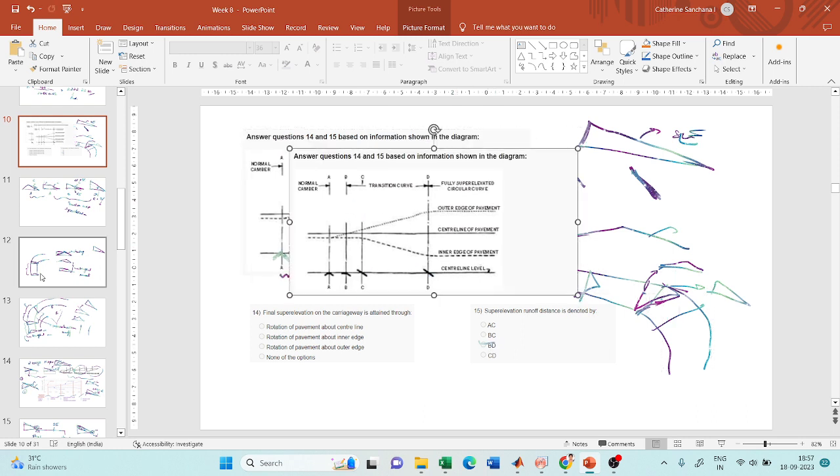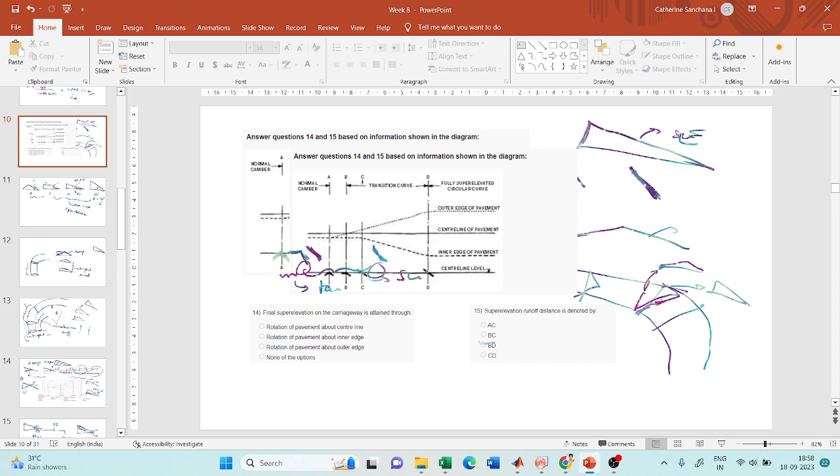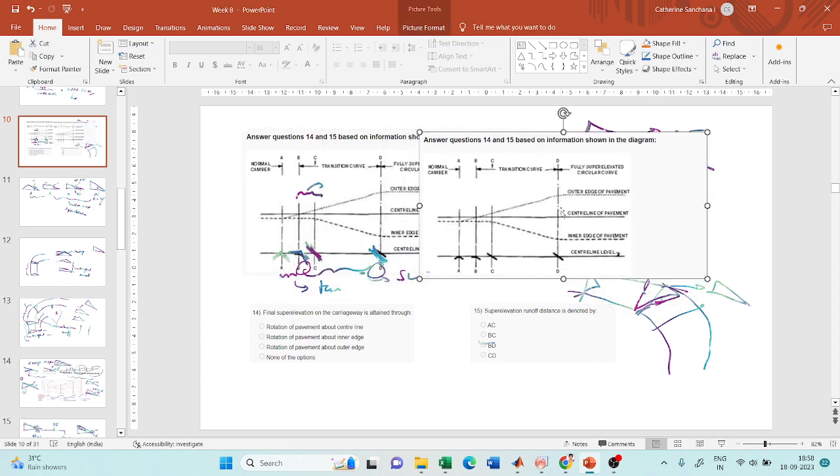If you see, this is my center line, and the center line has remained constant. The center point is constant, which means they have rotated about the center point. They have only lifted this portion and reduced this portion. So for this question, the answer is the pavement has been rotated about the center line.